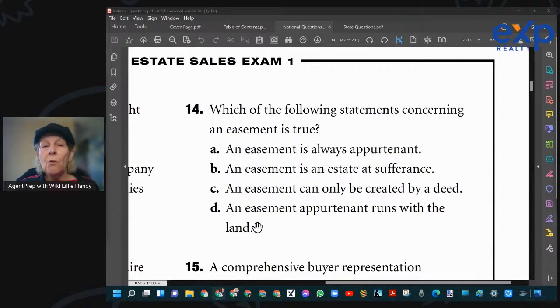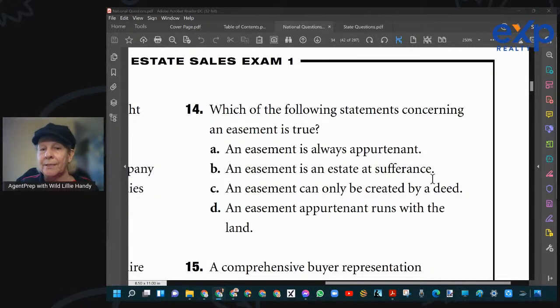Which of the following statements concerning an easement is true? So you want to know, what is the word easement? Because it's in all the answers. So that is vocabulary. That's why I stress it so much. A, an easement is always an appurtenant. What is an appurtenant? B, an easement is an estate at sufferance. What's an estate?